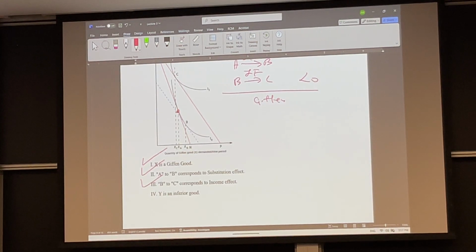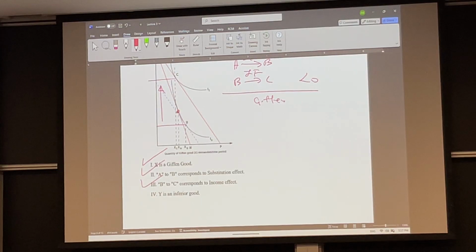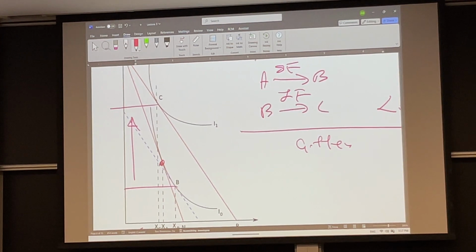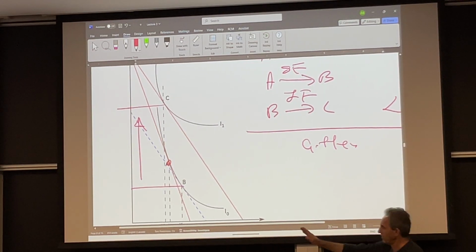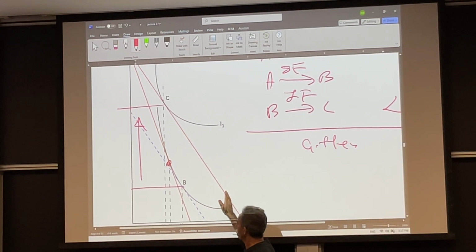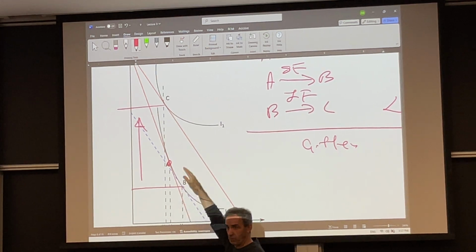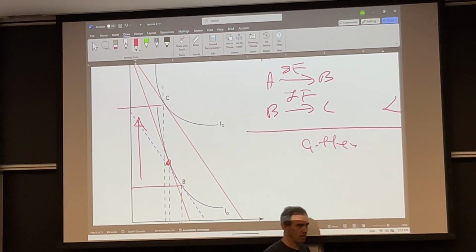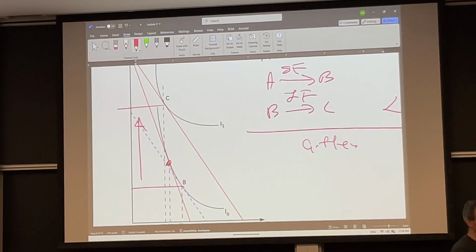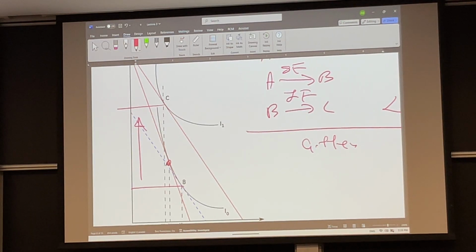Or you can say, when the income goes up, I buy far more Y. That's normal. That is false. But you can see it in the graph. When the income rises, although you buy less X, you buy far more Y.